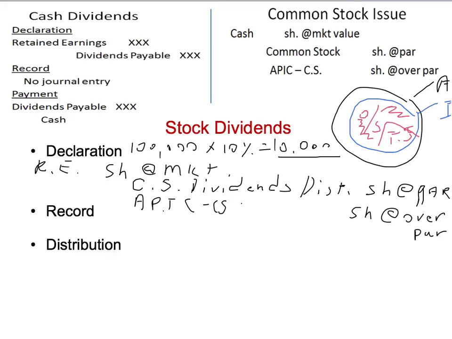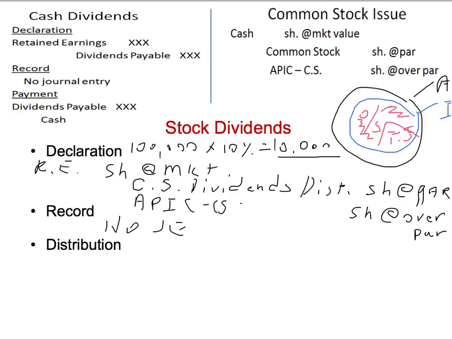Okay, here comes the record date. Very similar to your cash dividends, there's no journal entry. I don't have to worry about anything like that. Here, no journal entry. On the distribution date, what do we do there? On the distribution date, I will go ahead and give them these stocks as stock certificates.